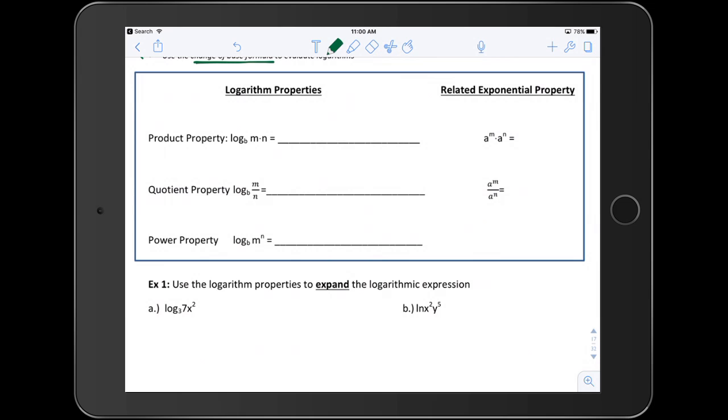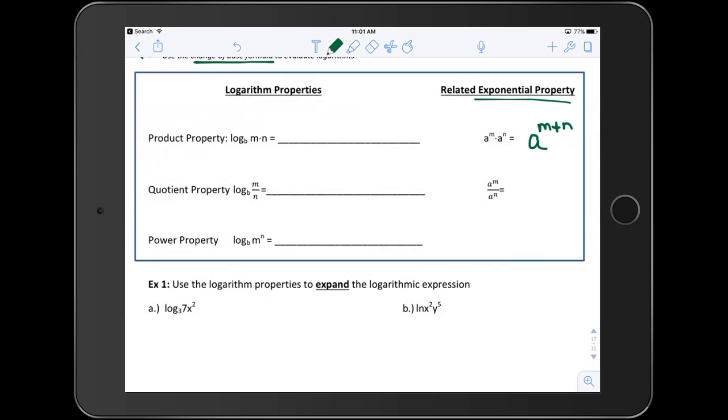So let me just come over here and remind you about the exponential property, where we have a to the m times a to the n. And if I ask you what you do with those exponents, I would hope you would say, hey, Ms. Bakken, you add those exponents. Well, that is really where the product property of logarithms comes in.